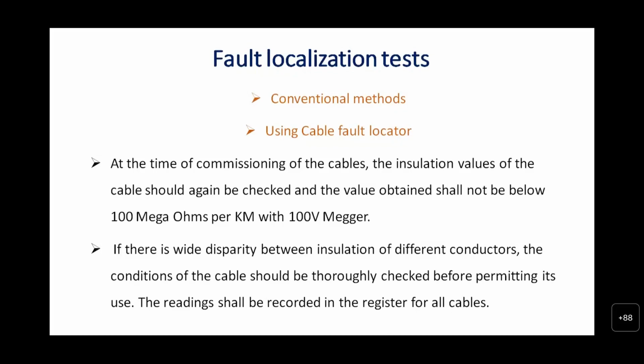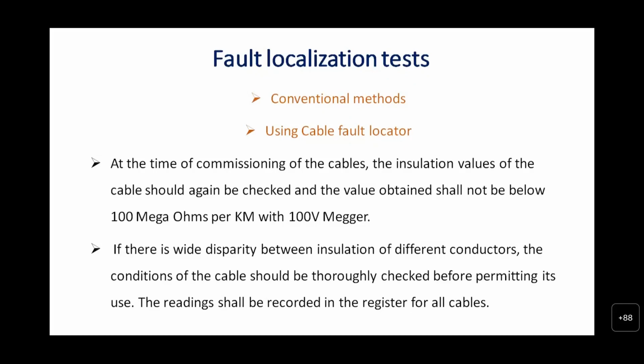This way, they first localize the section. Of course, this is apart from checking through a multimeter the loop resistance of the section, how much it is. These decisions are mostly taken by SSEs and JEs, who put the section and localize the fault.